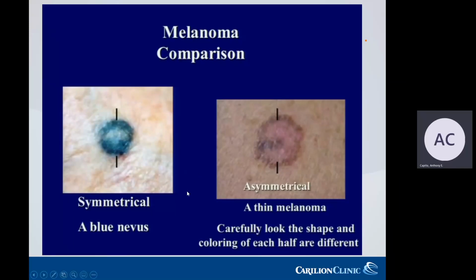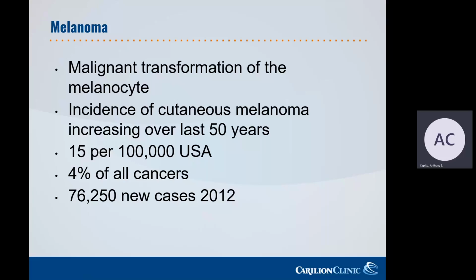So these are all clues to detect if you're worried about any skin lesion, especially anything with pigment, anything that is abnormal, it's better safe to biopsy and get a tissue diagnosis because these can be fatal. They can spread rapidly, and these are a lot more dangerous than the basal cells and squamous cells that we previously talked about. So unfortunately, this is also increasing over the past 50 years.